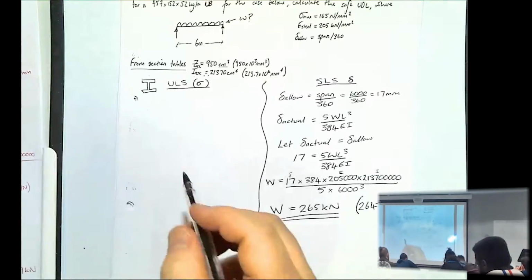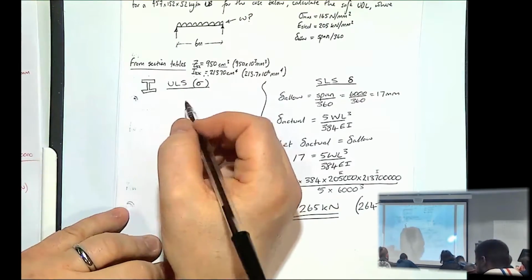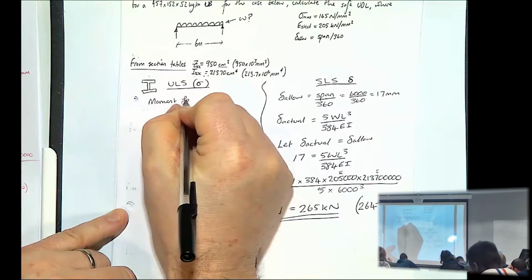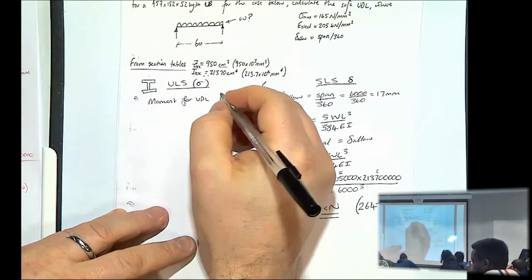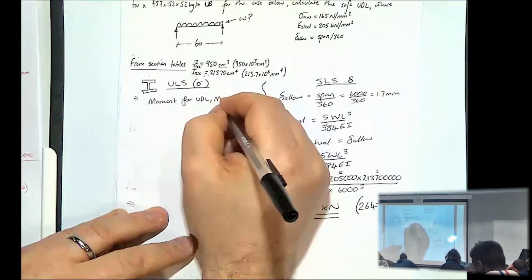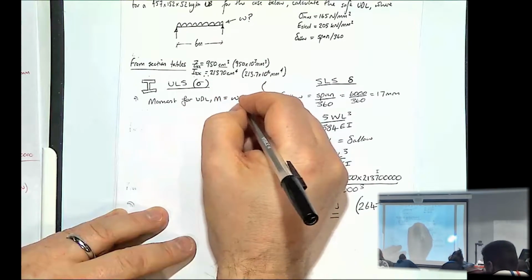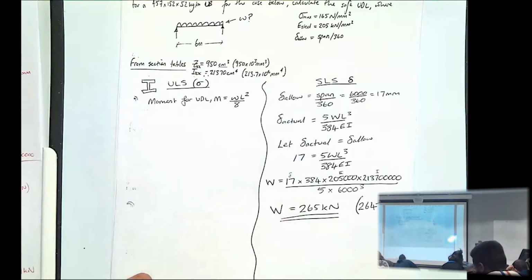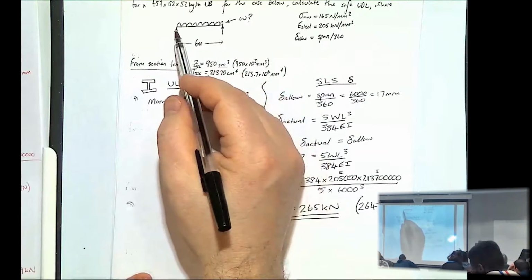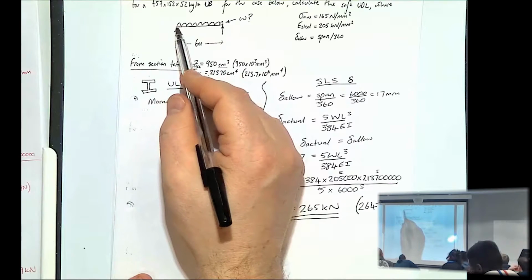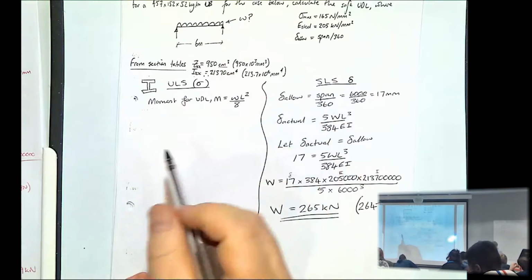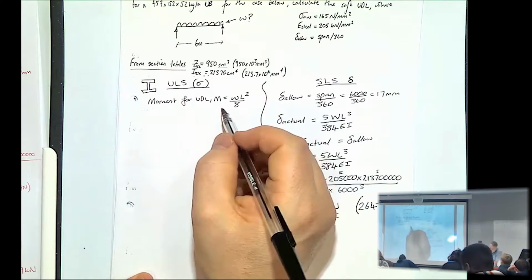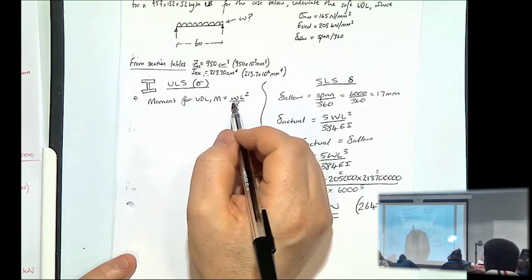So the moment for a UDL is wL squared over 8. You're not expected to work it out from first principles by taking moments around a particular point. So that will give us our maximum moment.